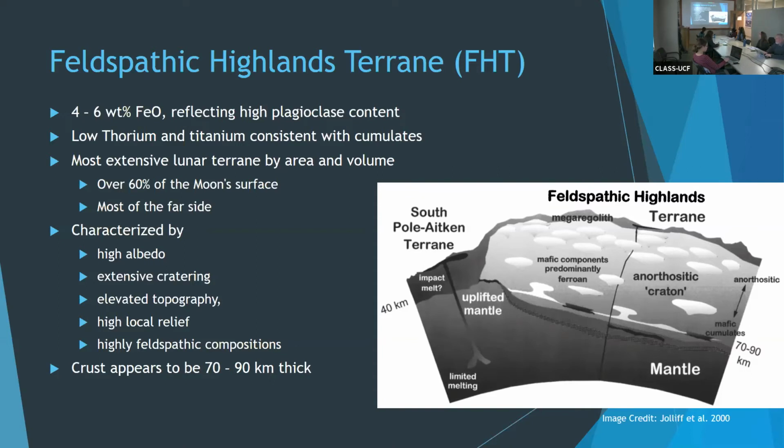This is a cross-sectional view of what we believe the highland terrain looks like. So we have the central anorthitic region, which represents the thickest part of the lunar crust, going down to about 70 to 90 kilometers. And judging by the makeup of the lunar meteorites that we have, it's composed predominantly of that ferroan anorthosite.